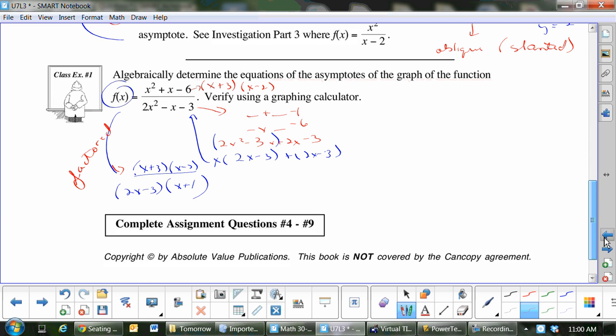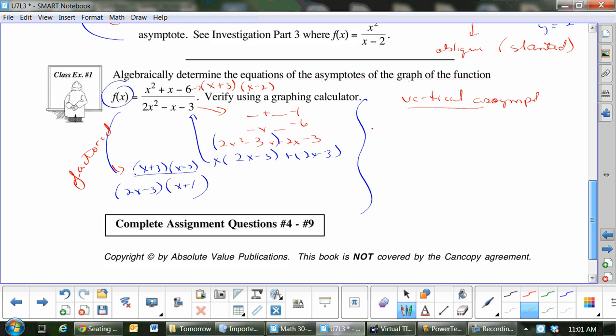So, let's do vertical first. How do you find the vertical asymptotes? Right. Find when the bottom equals 0.